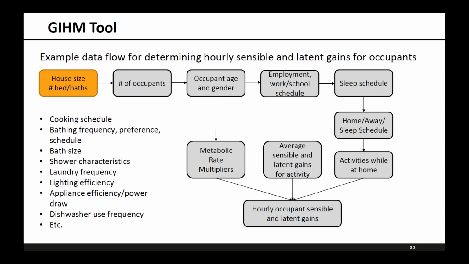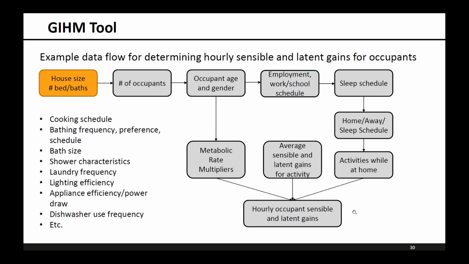And then we have a range of metabolic rates for each occupant that provides variation that would be multiplied by those average sensible and latent gains. And so finally, we come up with an hourly profile for each occupant that gives us the sensible and latent heat generation for each hour of the year.